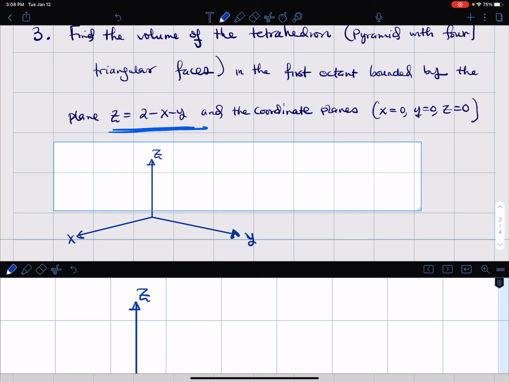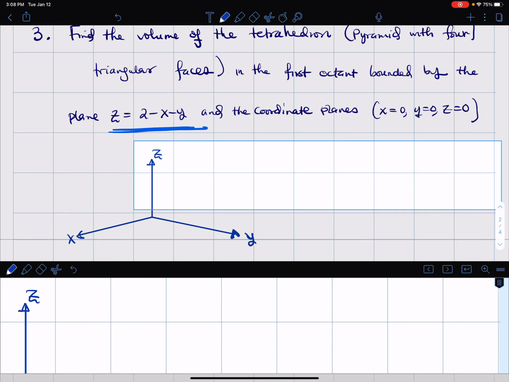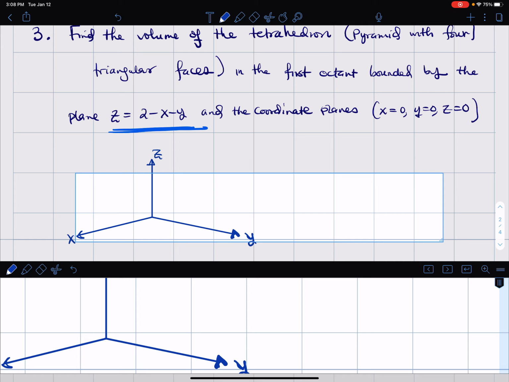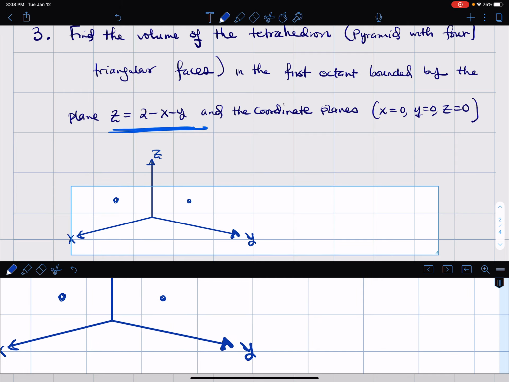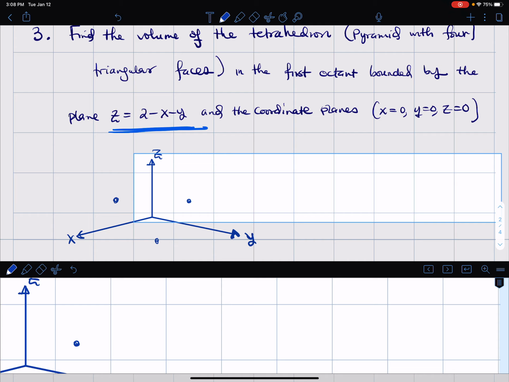Now, the coordinate planes are this plane, where x is 0, this is another coordinate plane, where y is 0, and this is another coordinate plane, where z is 0.